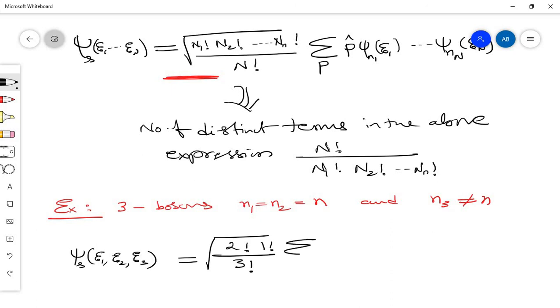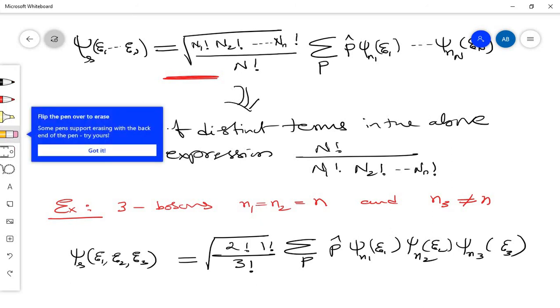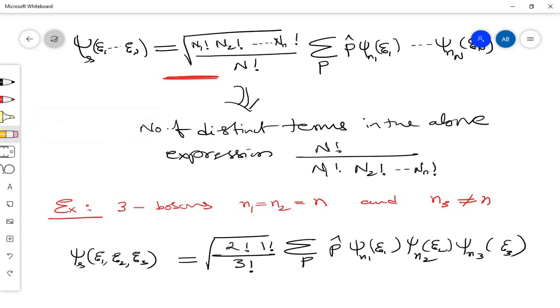Now sigma over P, the permutations of n1 e1, n2 e2, n3 e3. You should be careful here. So n1 is the same as n, and n2 is also the same as n.